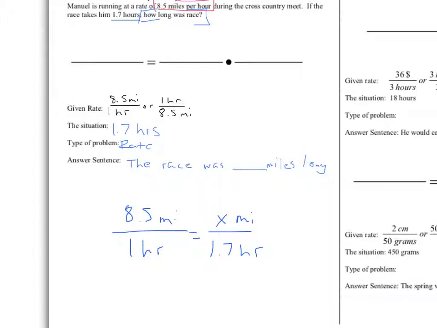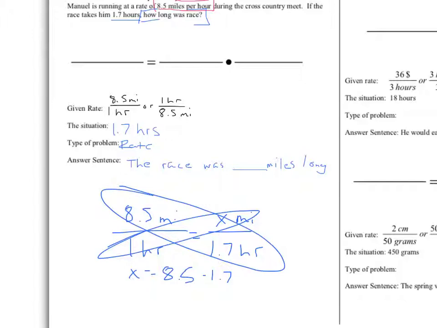And so you would cross multiply. You'd get x is equal to 8.5 times 1.7, because we cross multiply over there. And this is one way to set up this problem. It's a proportion. You can set it up this way.